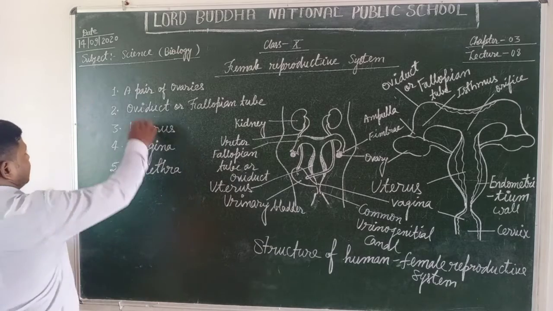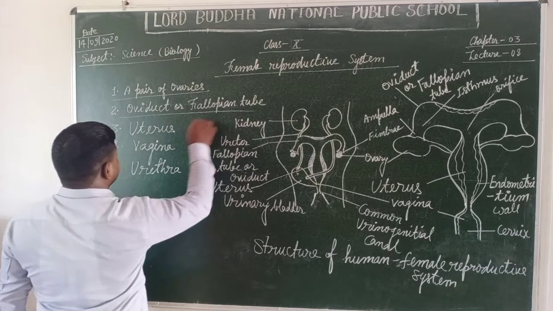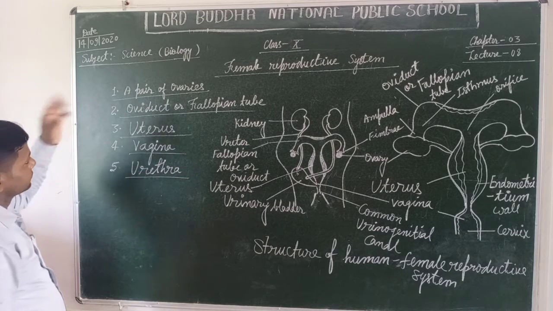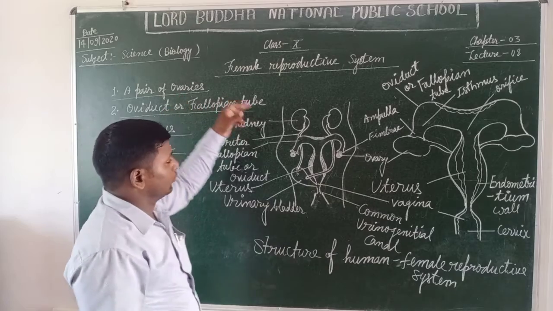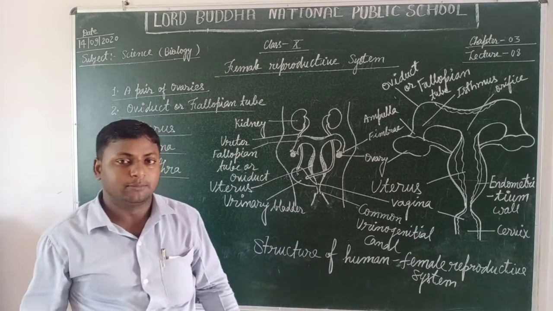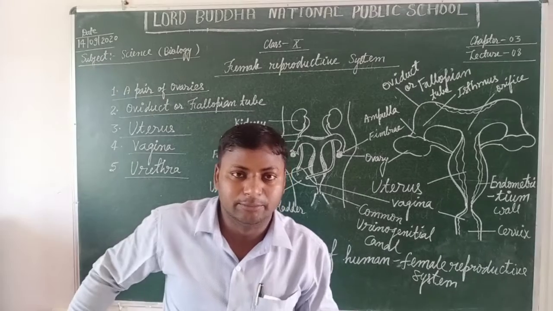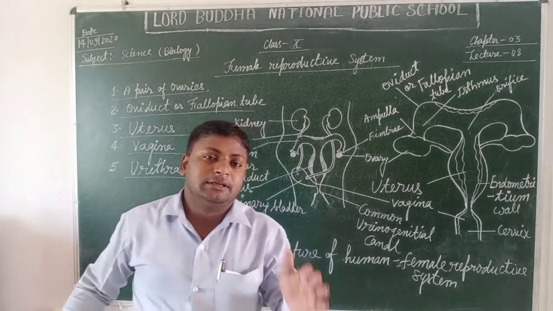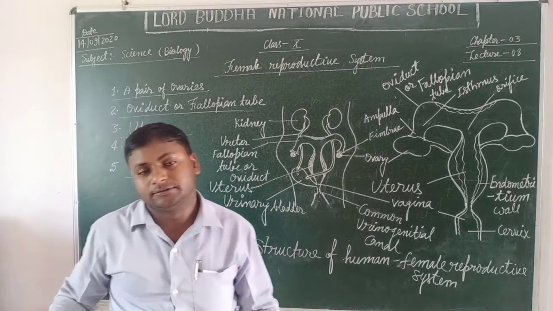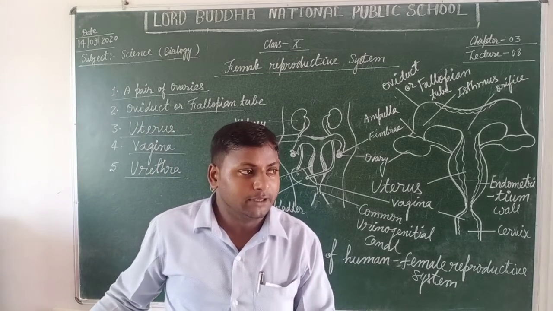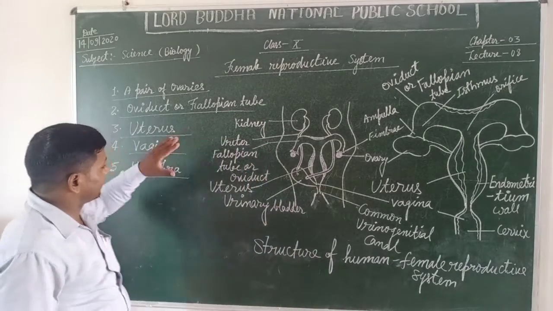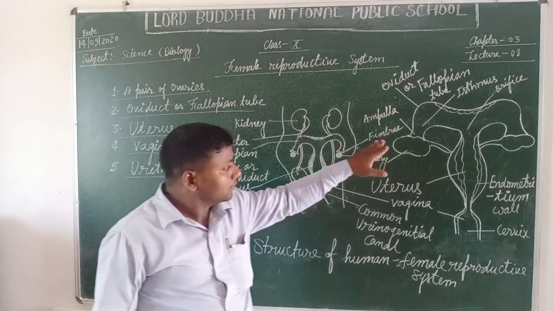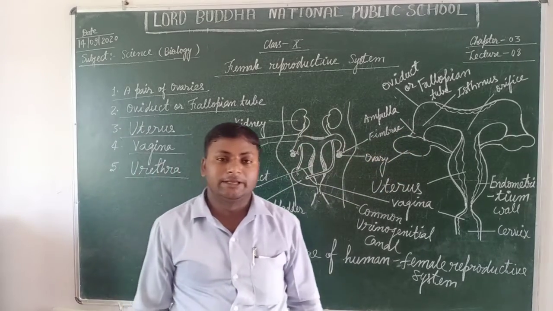Now students, once again I am going to discuss each and every part of the female reproductive system. At first I take the ovaries. Ovaries are almond shaped, about 3 cm long, 1.5 cm wide and 1 cm thick. They lie in the ovarian fossa, just below the abdominal cavity, and are well known for the formation of ova by the process of ovulation.